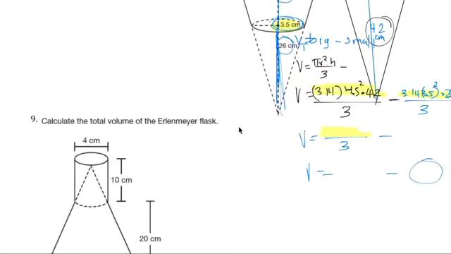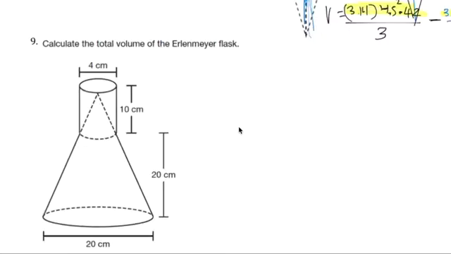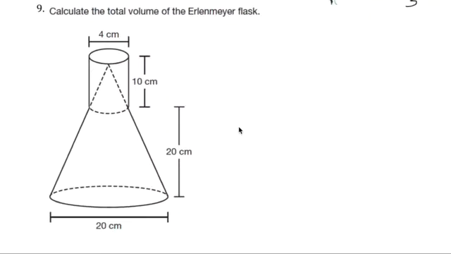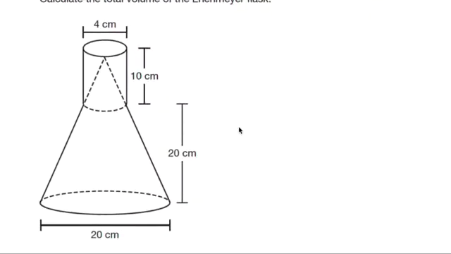Okay, this one is different. This one is number 9. We got 2 things. Big cone, right? You guys see the big cone? Minus the small cone.